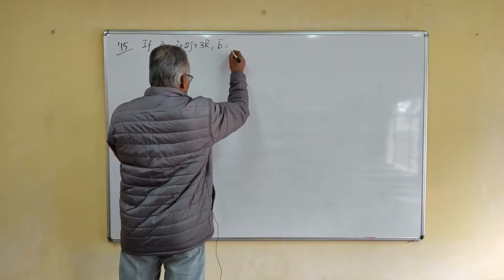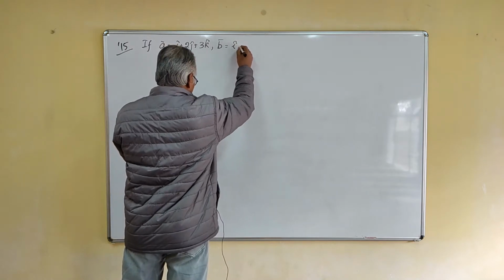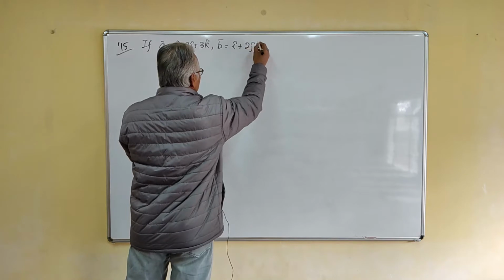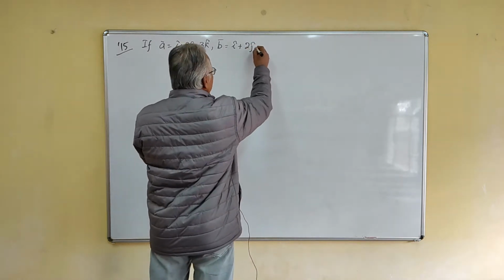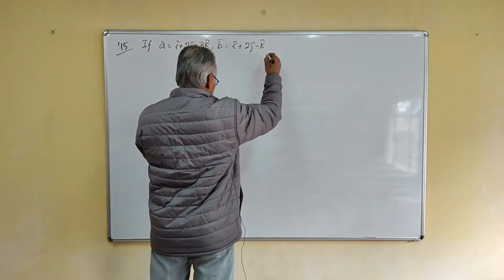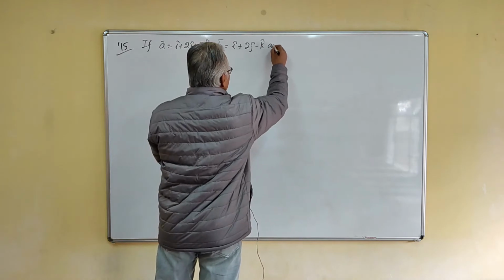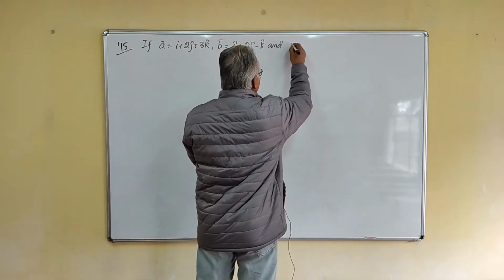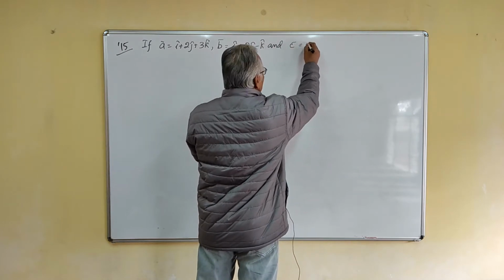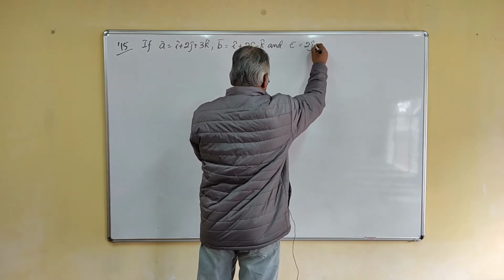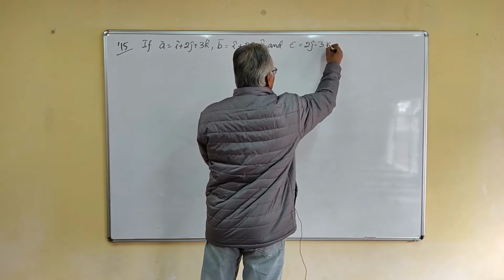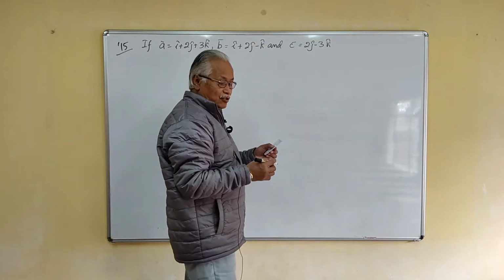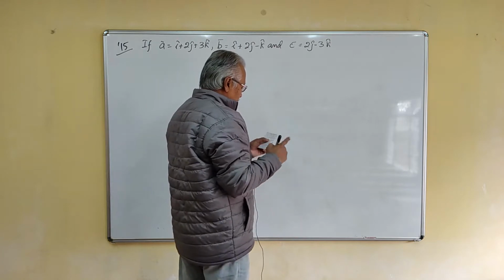What is it? It is i plus 2j cap minus k cap, right? And there is yet another vector C, and C is given to be twice j cap minus 3k cap, all right? So these three vectors are given to you, and you got to find the following.